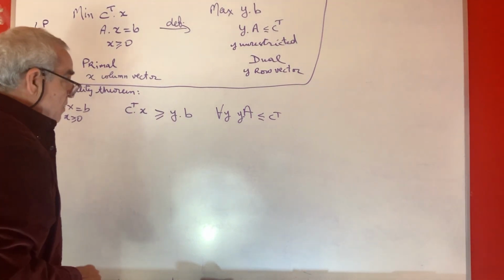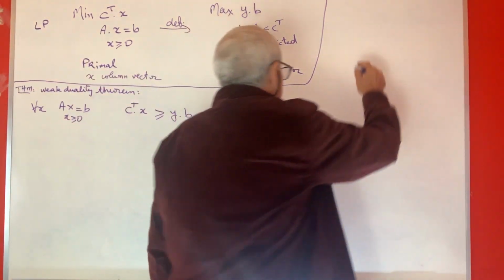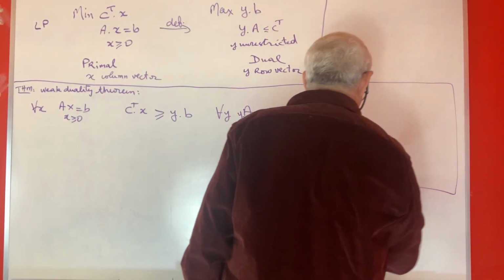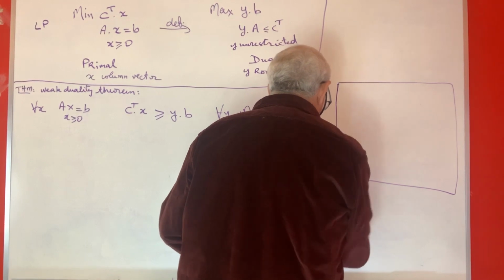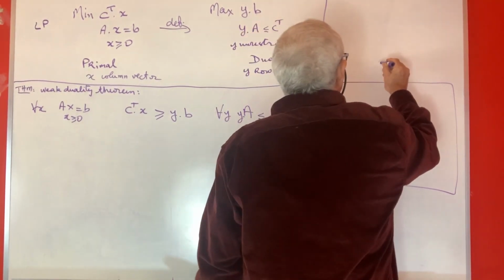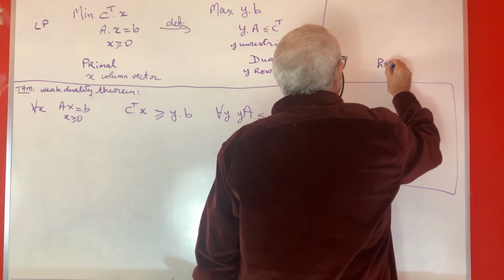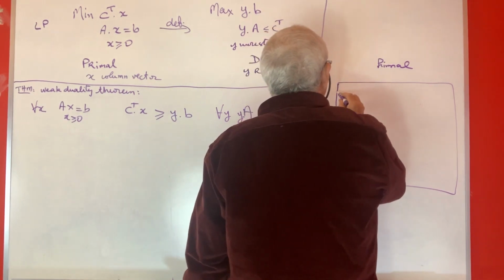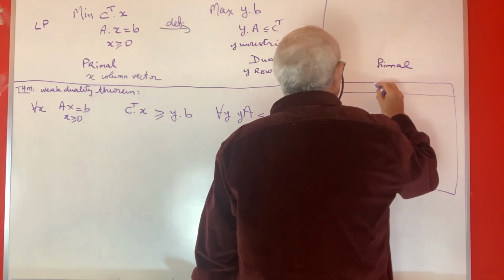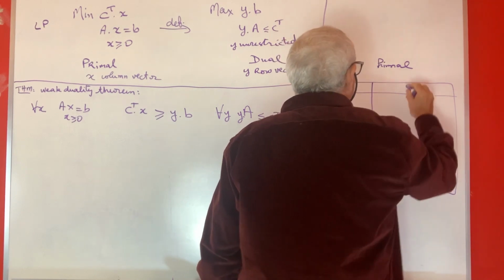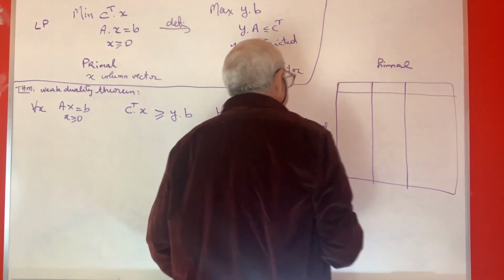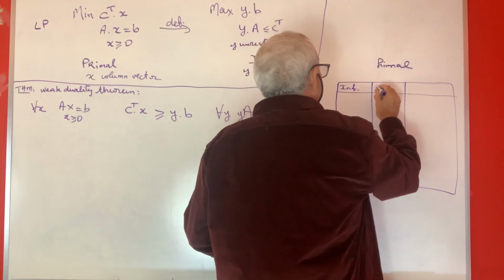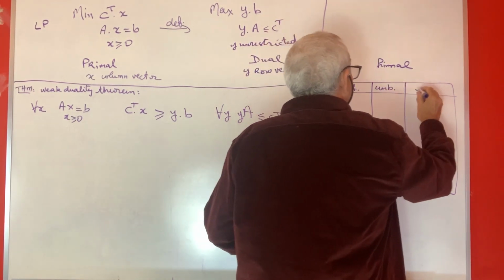Okay, so let's do a tableau here. I'm going to put the primal here, and the dual here. And the primal could be infeasible, unbounded, and optimal.